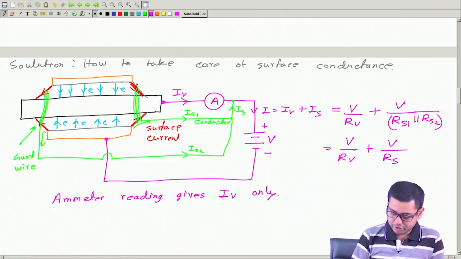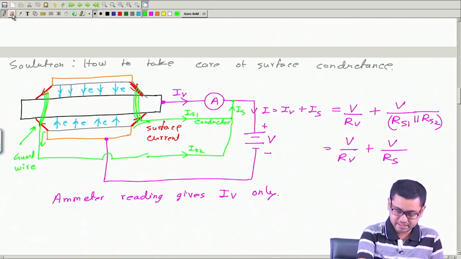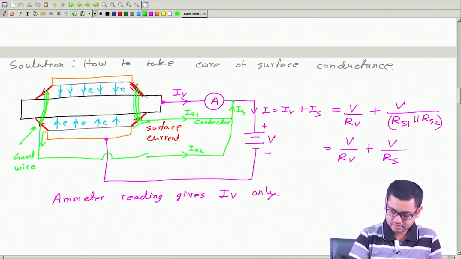Now, suppose we can disconnect these guard wires, suppose there are switches so that we can disconnect this. Here also we can have a switch, so that we can disconnect it.